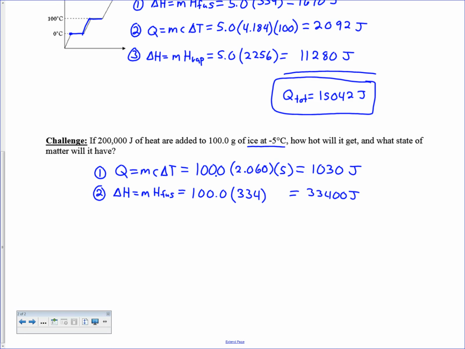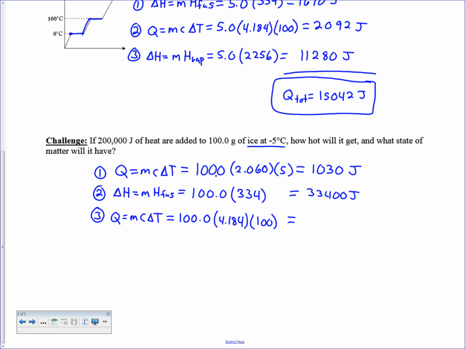Step number 3, we're going to heat the water up. Okay, so Q equals mc delta T, this time for water. Let's see how much energy it would take us to heat it all the way up to 100 degrees Celsius. So that would be 100.0 times 4.184 times 100 degrees, from 0 to 100 Celsius, I said.